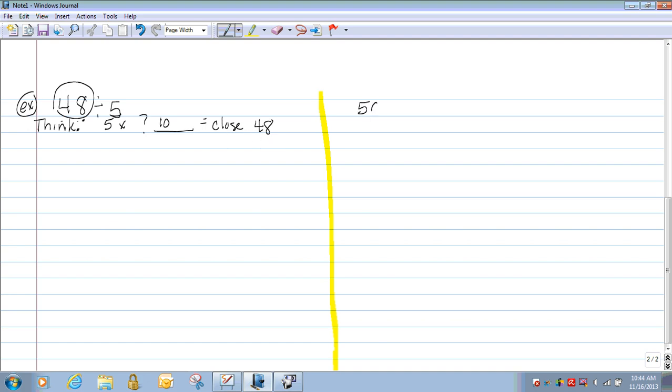So 50 divided by 5 equals 10. We know 5 divided by 5 equals 1, and I place my 0. Therefore, 48 divided by 5 is about 10. Push pause.